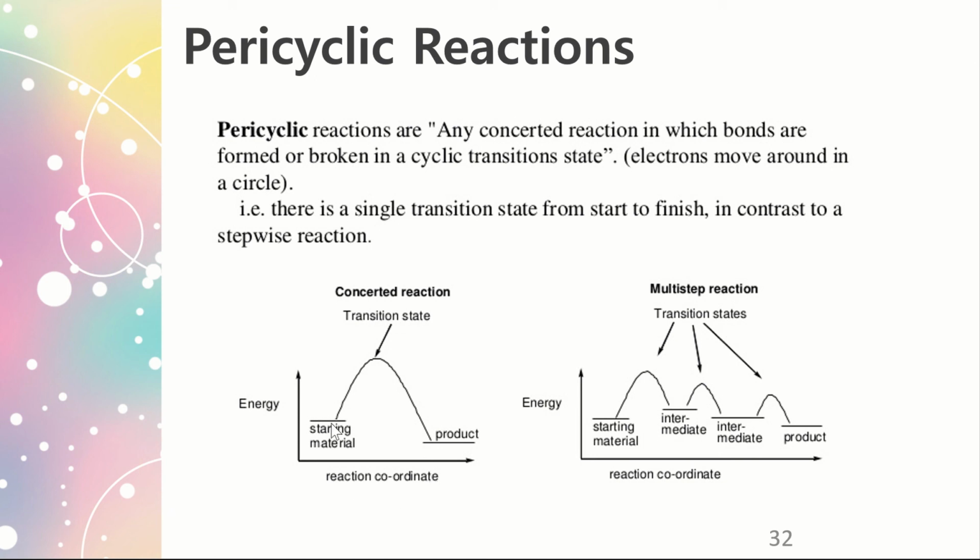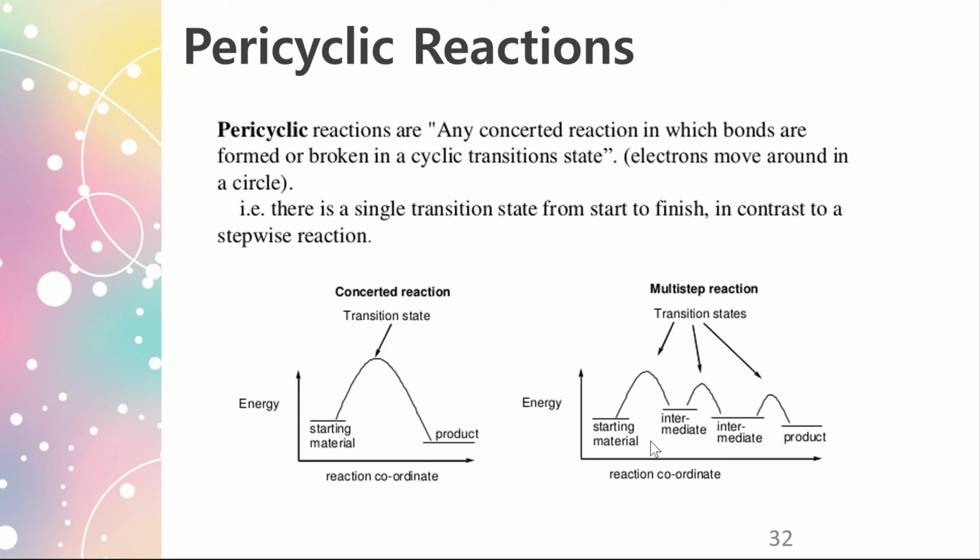So here we have our starting material and our product, and we just have a transition state, and that occurs in several other reactions that we have looked at, our SN2 and our E2. We just have a transition state and then our product.